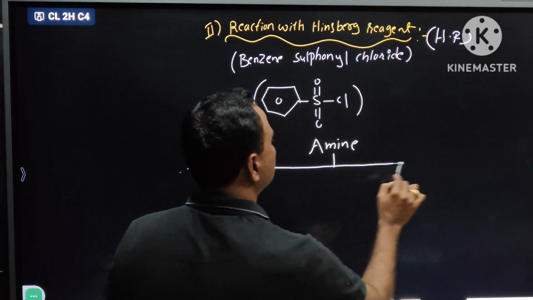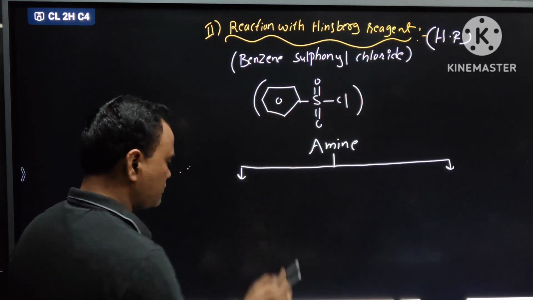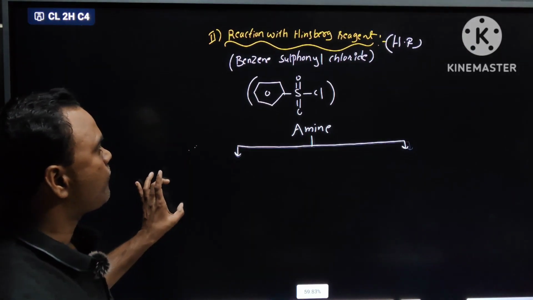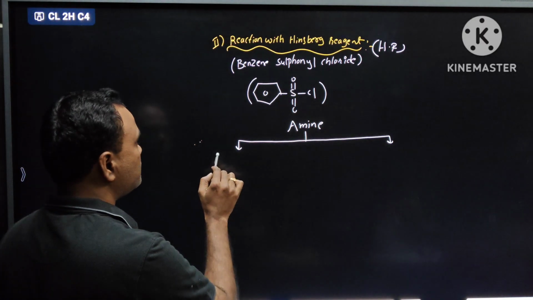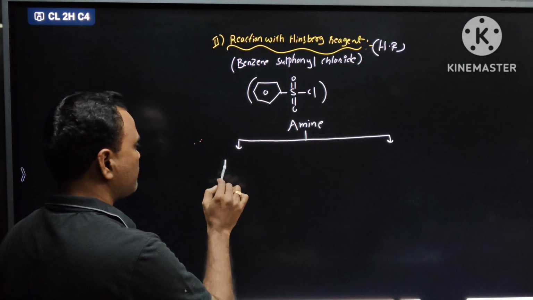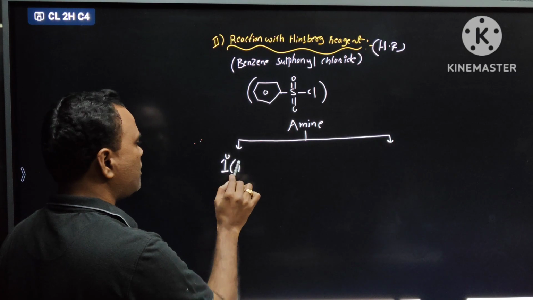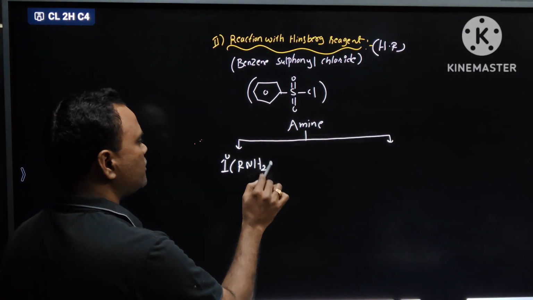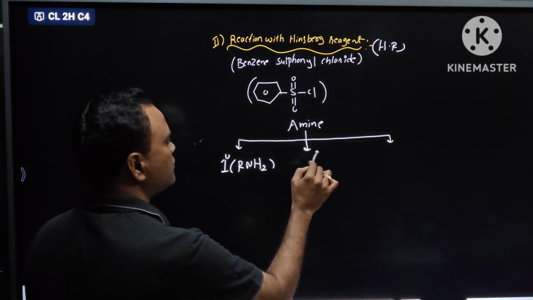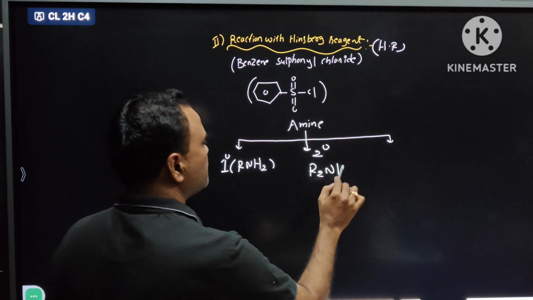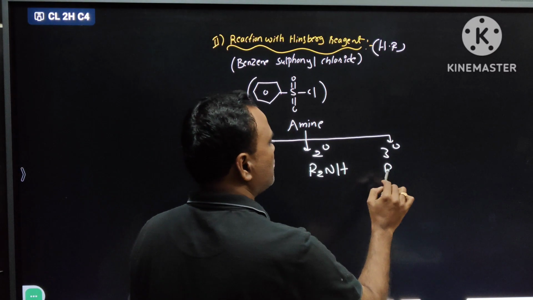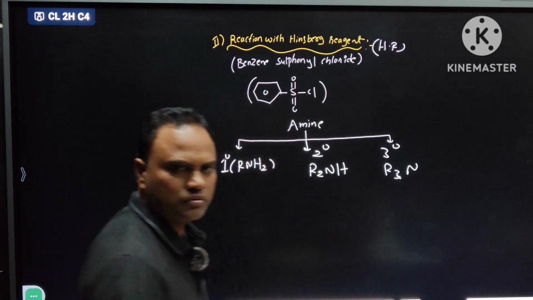Amine, one degree. What is the 1 degree amine format? R-NH2. 2 degree amine, R2NH. 3 degree, R3N.